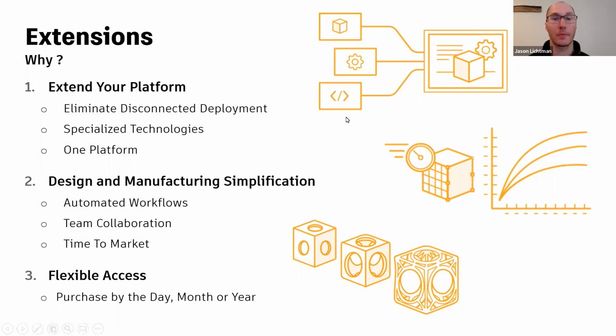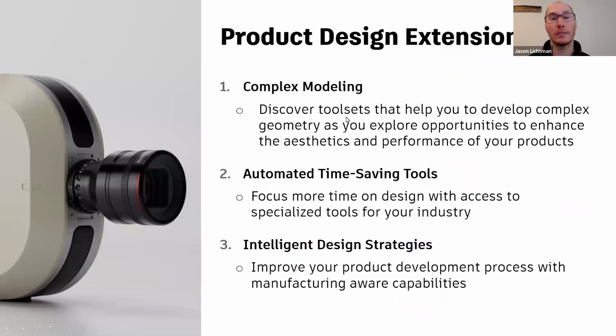And so the product design extension is, of course, focused on product design and engineering. It includes 3 areas of focus: complex modeling to help you develop complex geometry as you explore opportunities to enhance either the aesthetics or the performance of your product.